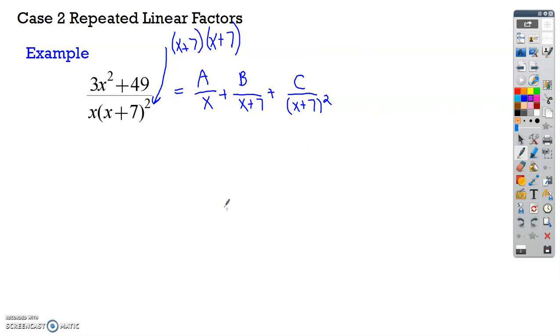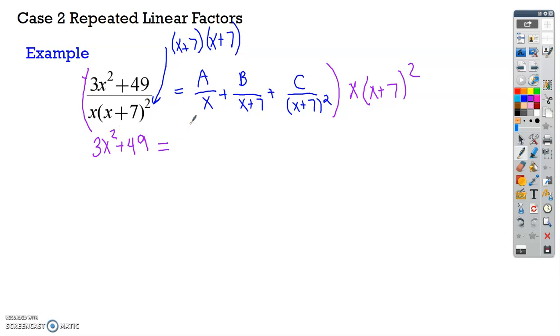All right, so we have our setup we talked about last class. So now I'm thinking about this as an actual equation with 2 sides. So I'm going to multiply through by that common denominator, which is x times x plus 7 squared. On the left-hand side, that's just going to leave me with 3x squared plus 49.